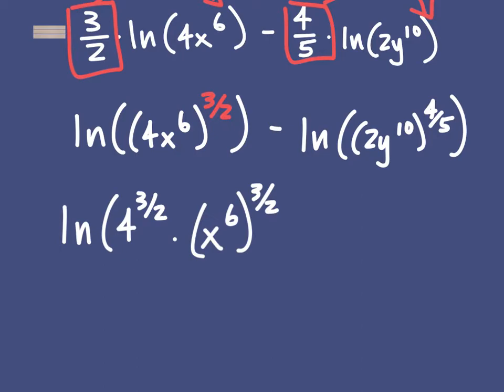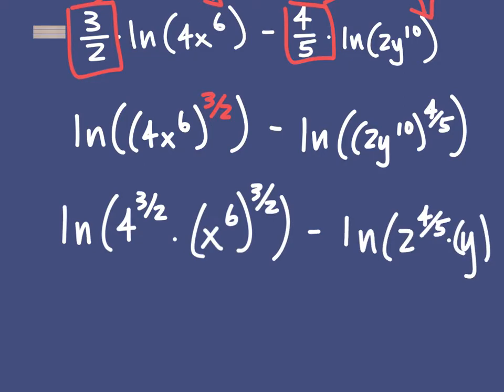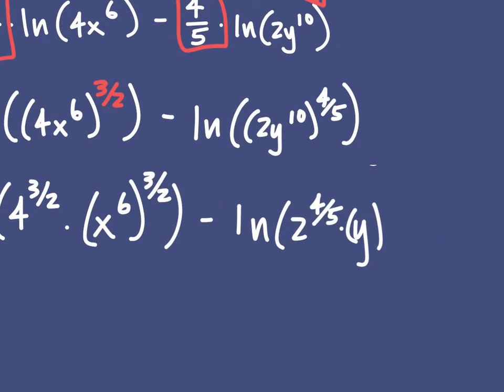And then minus, same thing here, natural log of 2 to the 4/5 power, and then times the quantity y to the 10th, that raised to the 4/5 power.